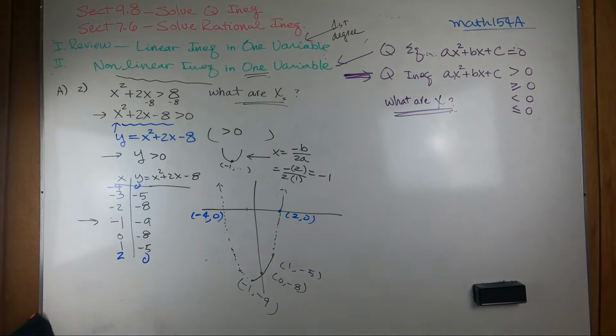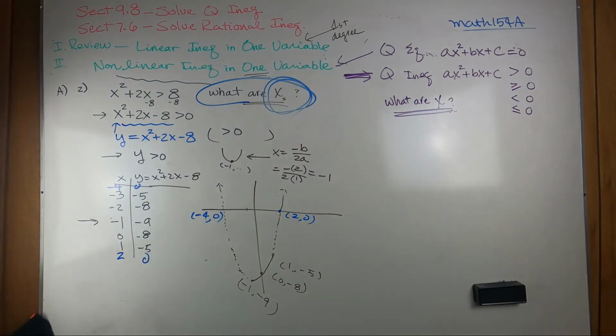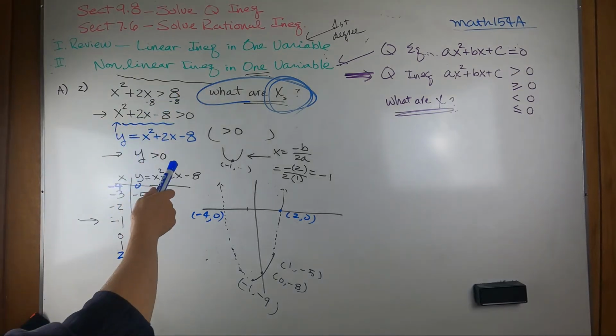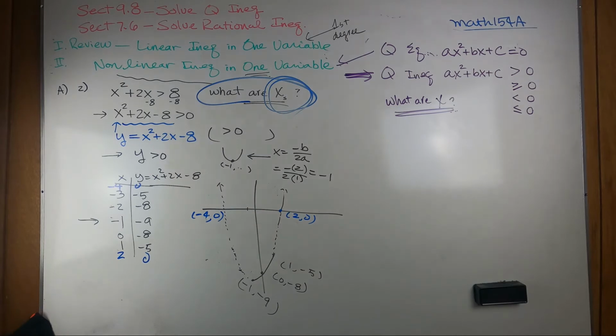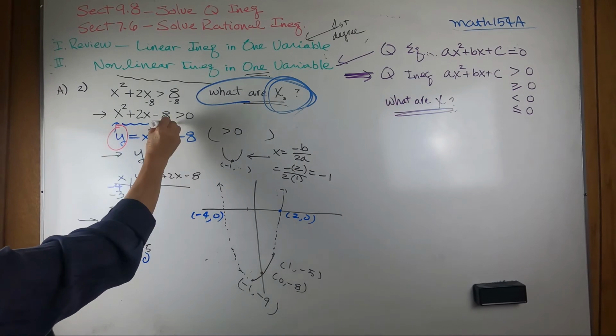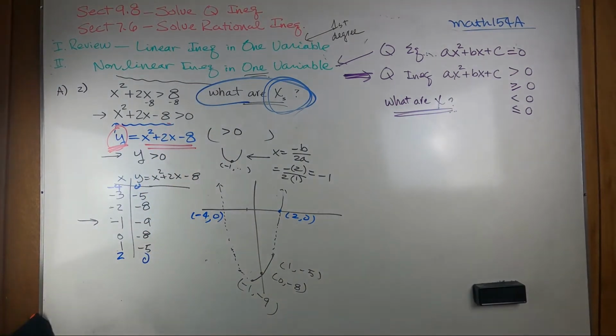Right? So, what do we try to do? What was the question? To find the x which will make x squared plus 2x bigger than 8, or x squared plus 2x minus 8 bigger than 0, right? Which is the y value that represents this second degree polynomial.